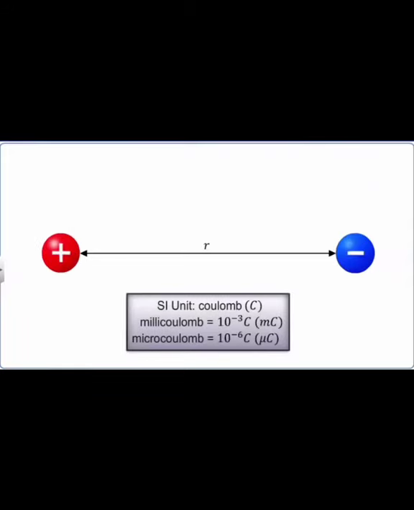Coulomb, C, is the SI unit of electric charge. However, smaller units such as microcoulomb and millicoulomb are also used in electrostatics.